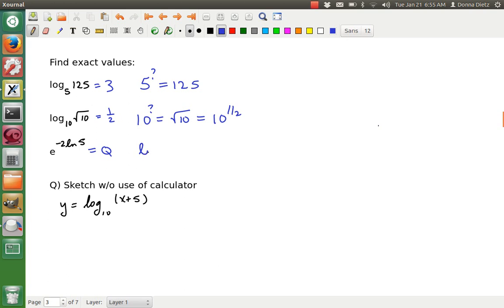Natural log of quantity is equal to minus 2 natural log of 5. Okay. Now what do you do?